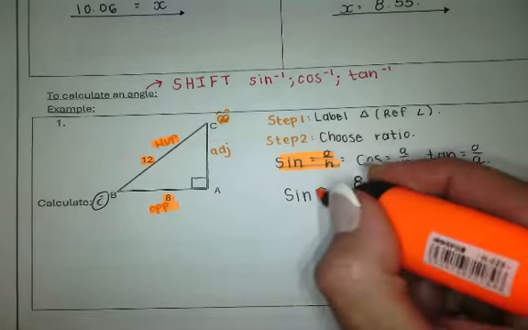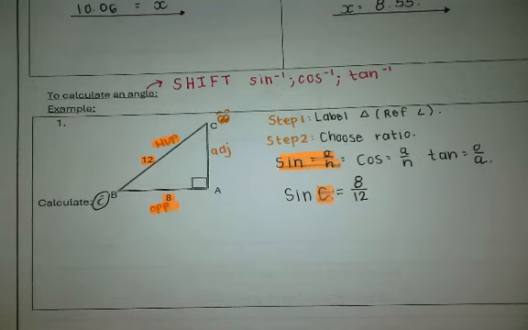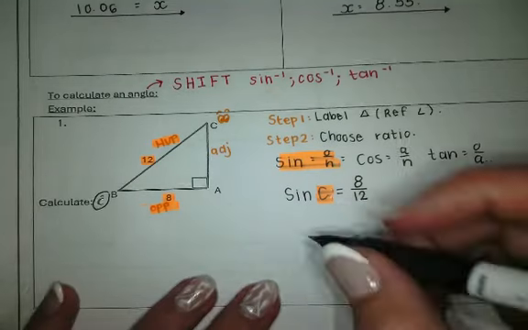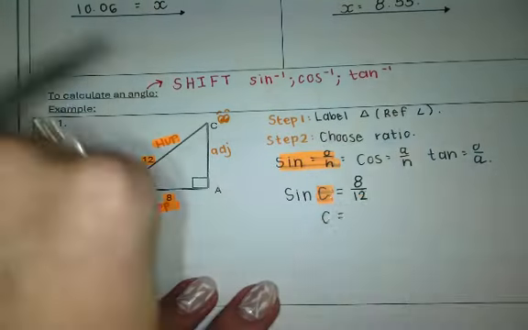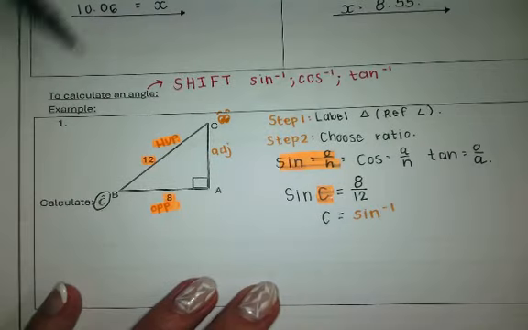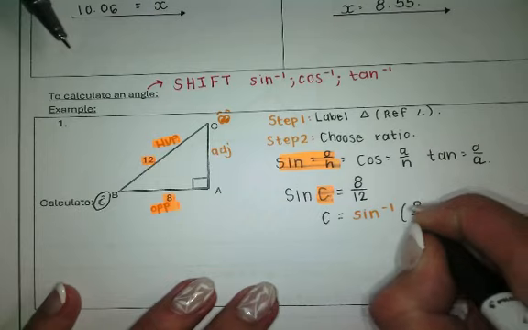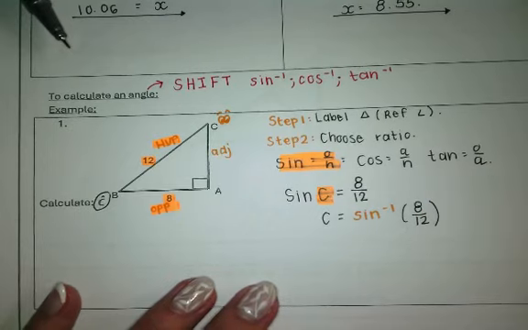Now, we need to calculate C. So we need to get rid of sin. And remember, in trigonometry, the only way to do that is to shift. So we're going to have C is equal to sin second function 8 over 12.